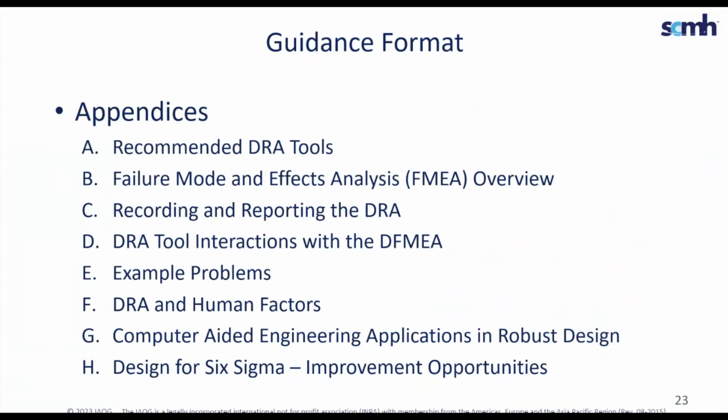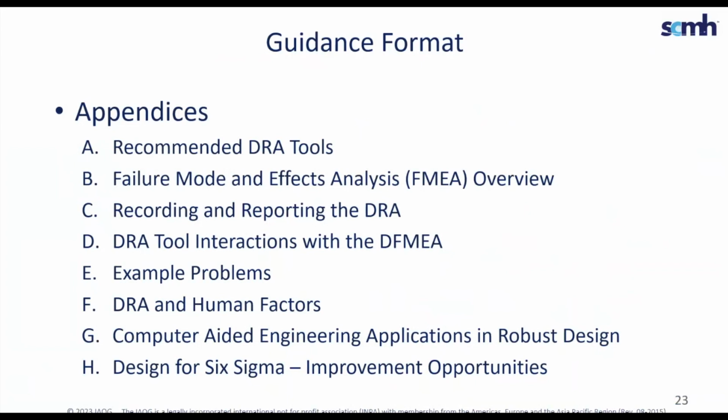Now here's a list of the appendices. Appendix A provides a high-level description of the recommended DRA tools. These are equivalent to the APQP manual element cards, and I'll show these tools in just a second. Appendix B compares and describes the DFMIA, the PFMIA, and the FMICA.